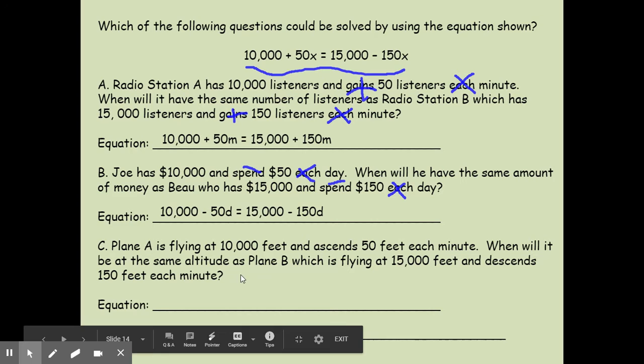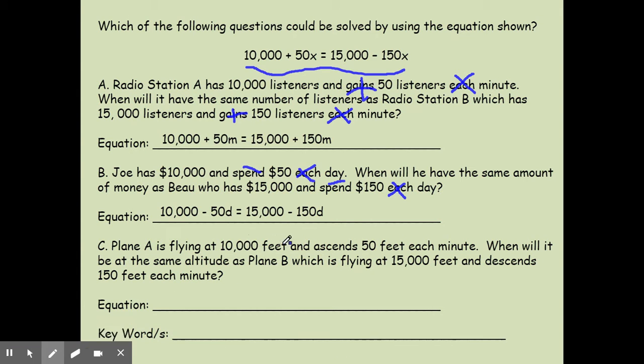And just to be sure that it is C, let's read it again. Plane A is flying 10,000 feet and ascends. So it's ascending, that means we're adding 50 feet each minute. When will it be the same altitude as plane B, which is flying 15,000 feet and descends, so subtracting, that means it's landing, 100 feet each minute, so each x.